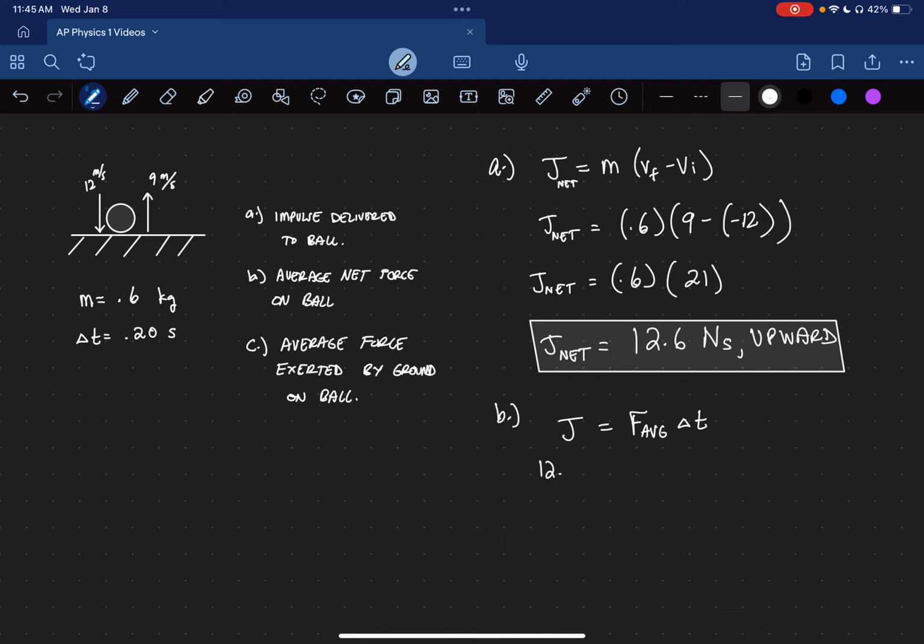In other words, 12.6 equals F average, this is the net average force, times delta t, 0.2.